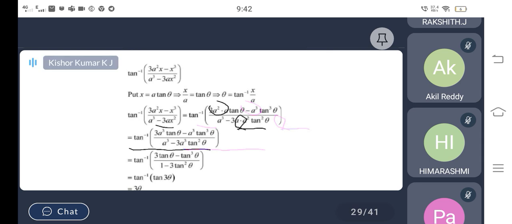After this, in the numerator and the denominator we have some similar terms to take common. Which term can we take common there? Can you identify it?